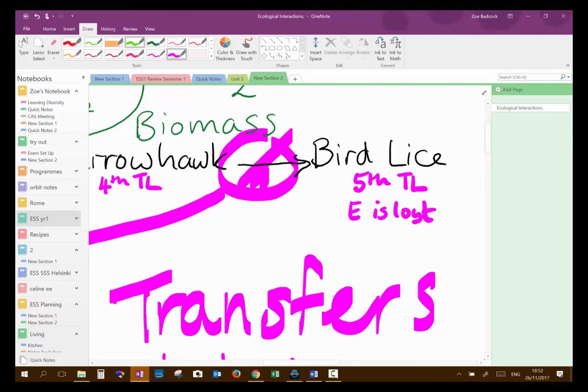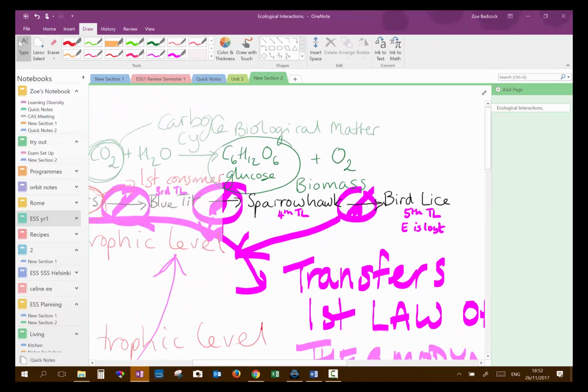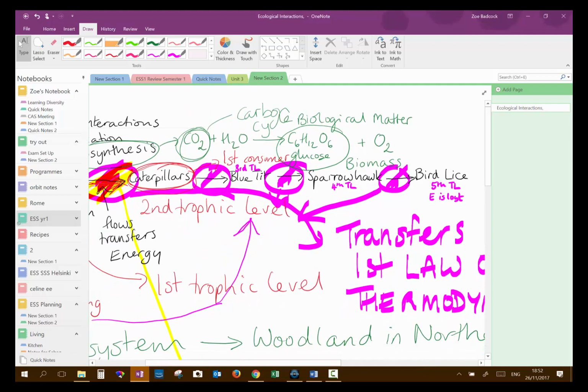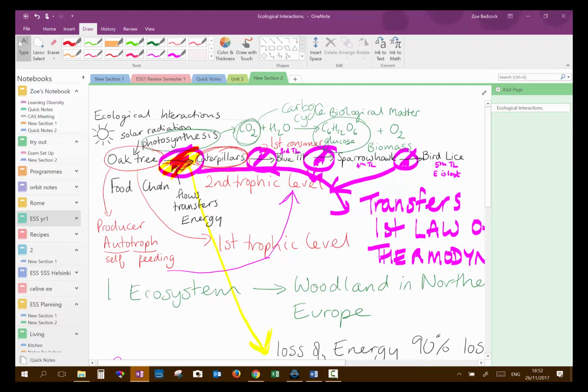Okay? Now, what else can we think about this food chain? At every point on this food chain, things are dying. Yes, and unfortunately everything comes to an end.